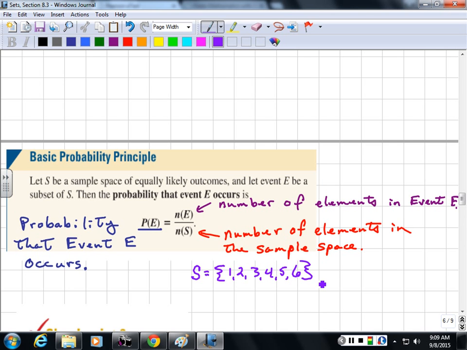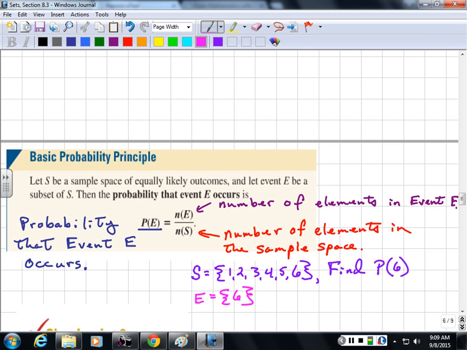I want to find the probability of rolling a 6. Well, I need to know what the event is. I need to know what the sample space is. I have the sample space. What is the event E? E is simply this set, and it contains the single element 6.